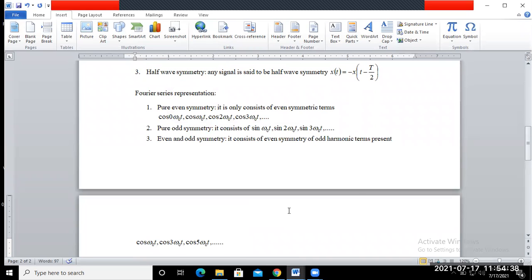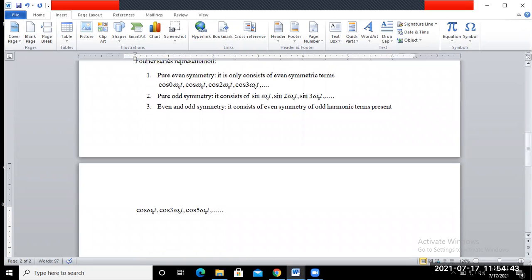If any waveform follows the even and half wave symmetry, it consists of this one.